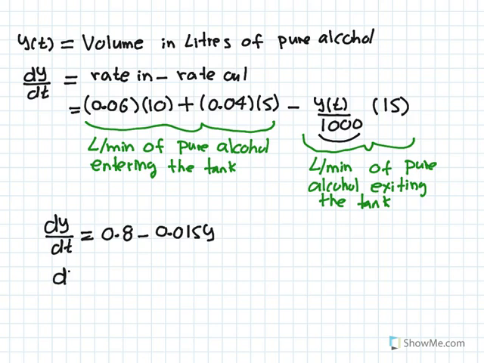So separating the variables, we get dy divided by 0.8 minus 0.015y is equal to dt over 1. So we have separated the variables. Now we just have to integrate both sides and solve for y as a function of time, where y of t represents the volume in liters of pure alcohol at time t.